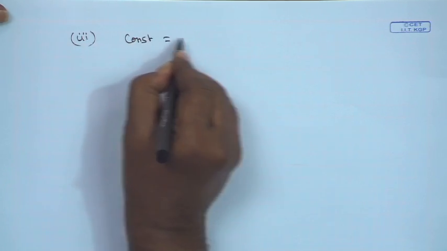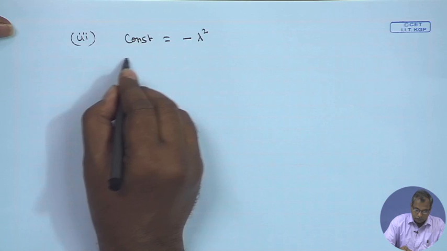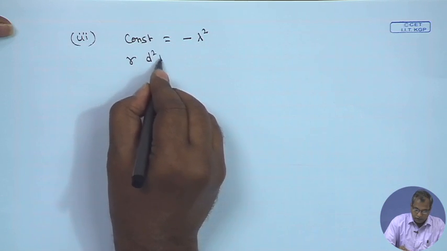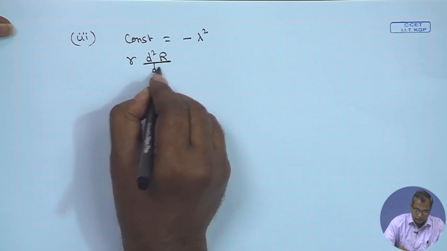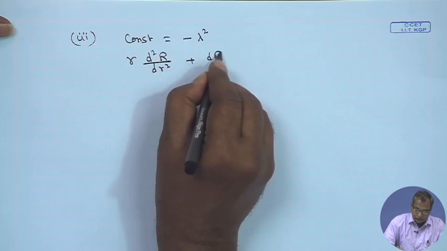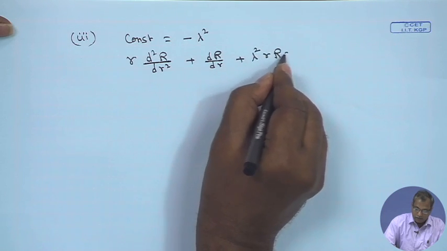So, what is left is that the constant has to be a negative constant. Let us look into that option. That is case number 3. The constant is a negative constant, equal to minus lambda square. If that is the case, we write down the governing equation of the radially varying part: r d²R/dr² plus dR/dr plus lambda square r R is equal to 0.